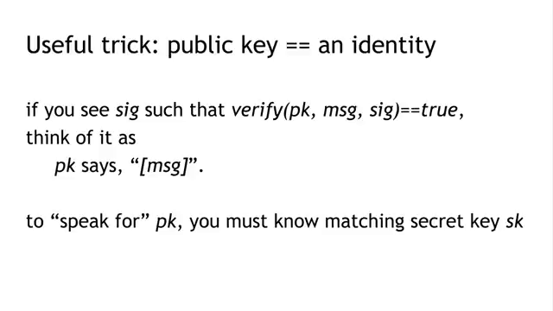You can literally think of a public key as kind of like an actor or a party in a system, and they can make statements by signing those statements. If you think in that mindset, then this public key is like an identity. It's an actor who can do stuff in the system. And for someone to speak for PK, that is, for someone to be able to make statements that will be seen as coming out of PK's mouth, you have to know the matching secret key, SK.